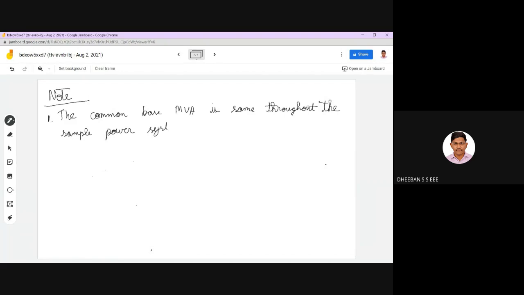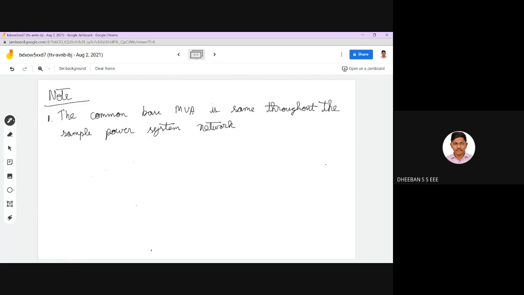What they are implying here is that the common base value that you are selecting will be entirely the same throughout the power system. That is, the common value based upon which you are going to normalize, or the value you are taking as a reference, will be the same throughout the entire power system.